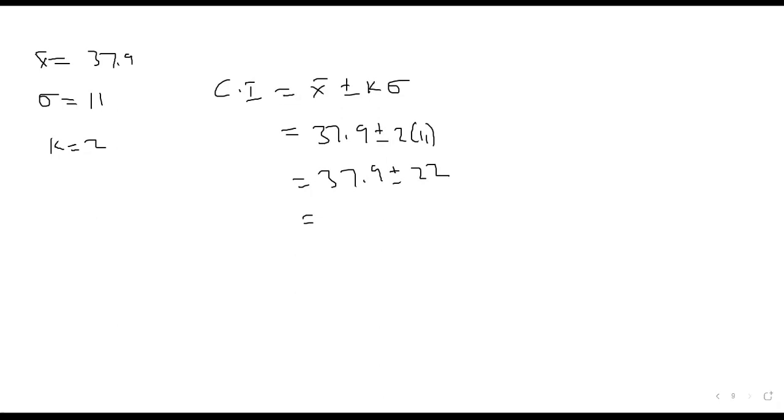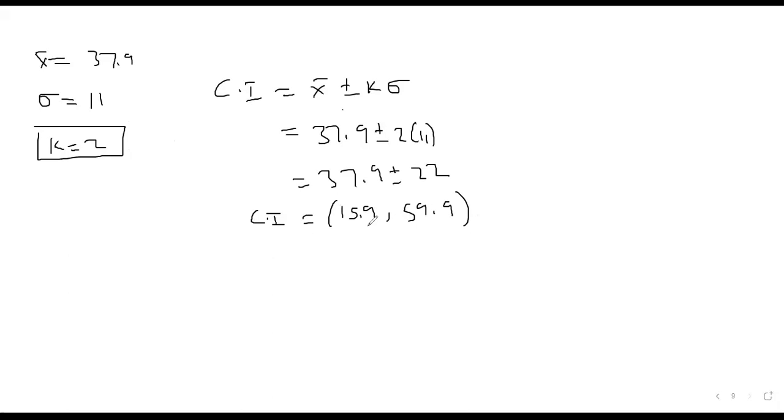So the lower bound will be 15.9 and the upper bound 59.9. So now this is a confidence interval. Now let's look for values. What's the percentage under Chebychev? For K equal to 2, it should be 75%.